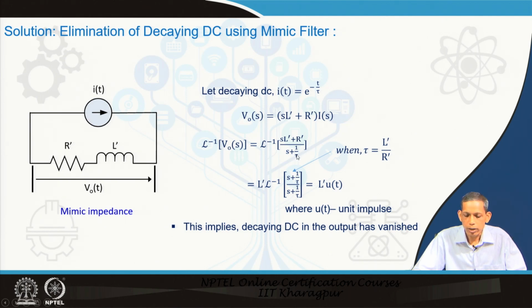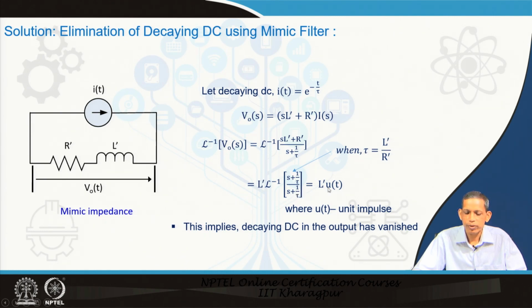Now, when the tau, that is L by R of the system, matches with L dash by R dash, that is, the filter we have put in the circuit connecting to the relay circuit, when the time constant of the power system matches with the time constant of this additional circuit, then from this expression, taking out L dash, we have S plus 1 by tau in the numerator and also S plus 1 by tau in the denominator.